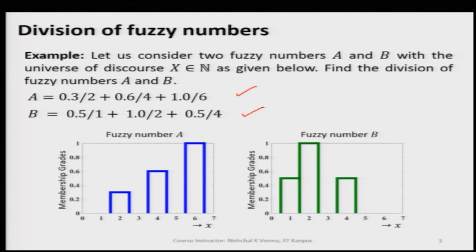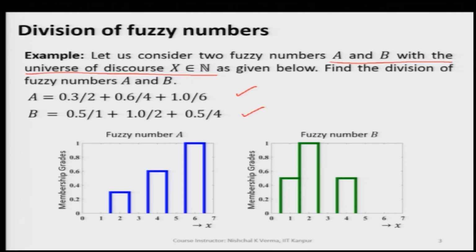So, we can say these two fuzzy numbers A and B are there, and we are supposed to divide fuzzy number A by fuzzy number B. It is given that A and B are within the universe of discourse x belonging to the natural numbers.